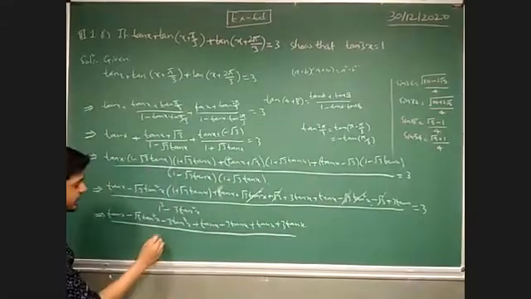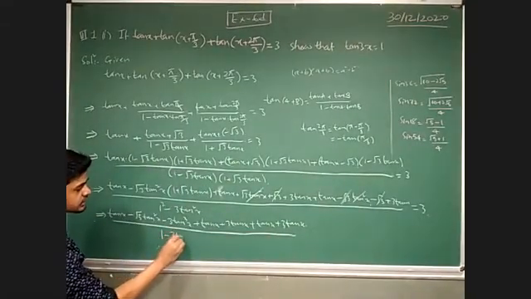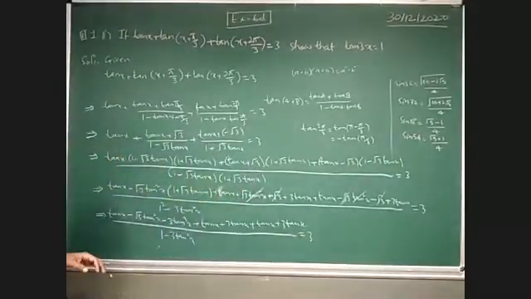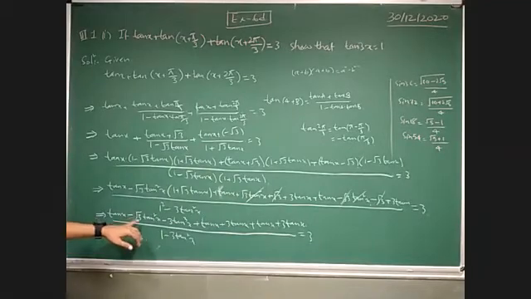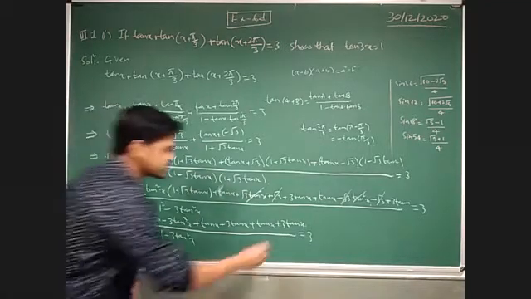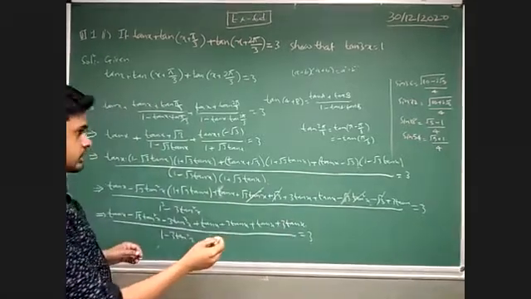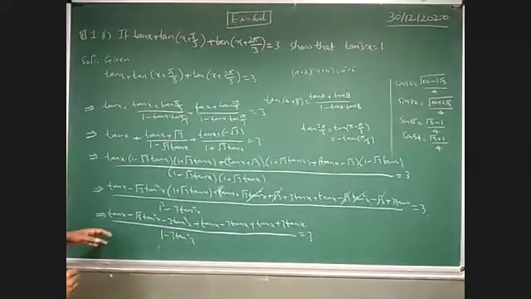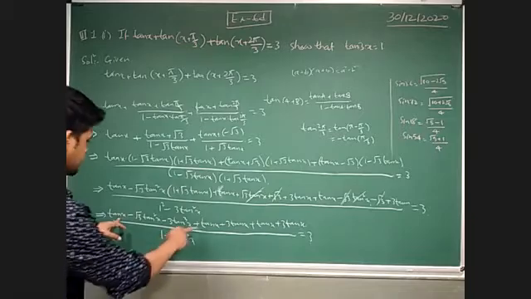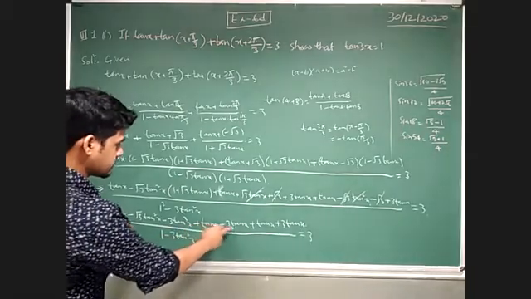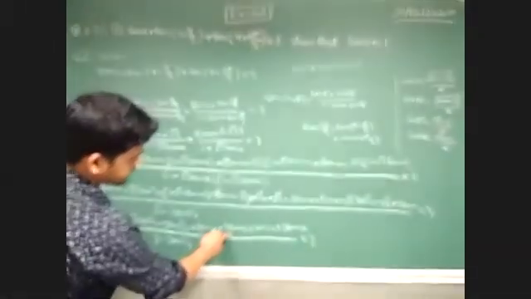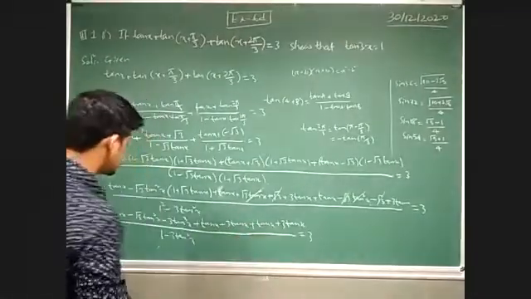Okay, now here we have 1 minus tan square x is equal to 3. Okay, just see here, minus root 3 tan square x and plus tan x, 5 tan x, 5 plus 4 tan x, 9x.